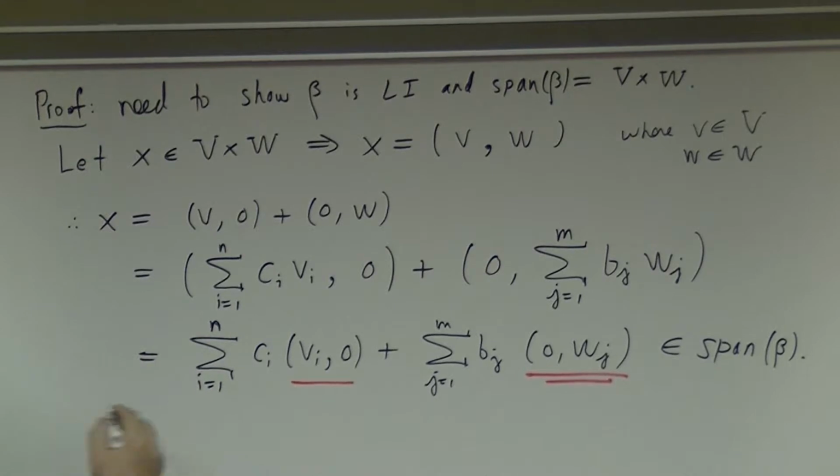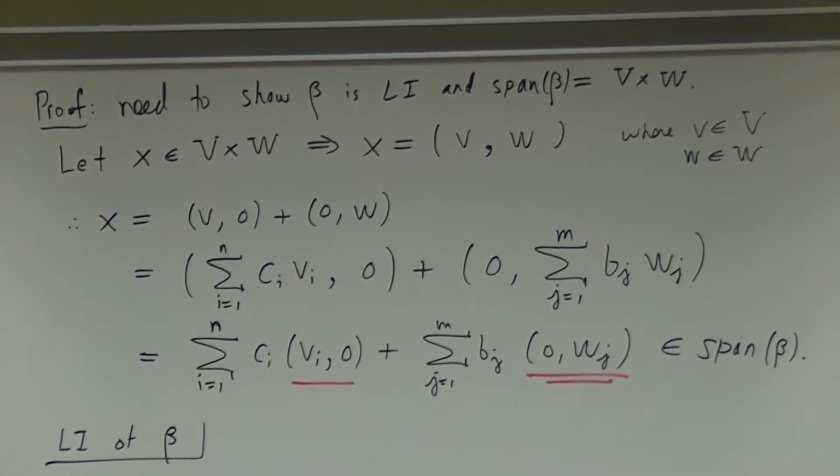Now, how about linear independence of beta? Well, isn't that a linear combination of c times (v, 0) and (0, w)? Would you use the proposition that says the constants times the elements of beta equal zero, they have to be all zero? So you're saying I should set a linear combination of things in the basis equal to 0?